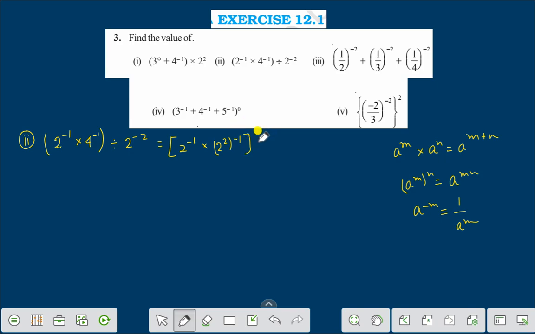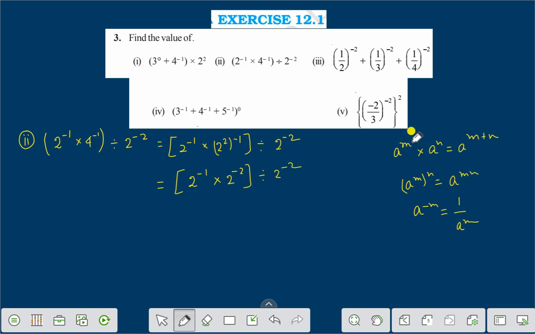After that you can write divided by 2 to the power minus 2. Therefore here you see the base is the same now. Here you can see 2 to the power minus 1 into 2 to the power 2 to the power minus 1, divided by 2 to the power minus 2.